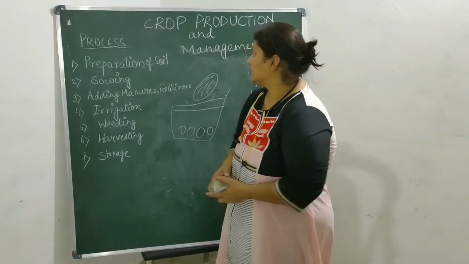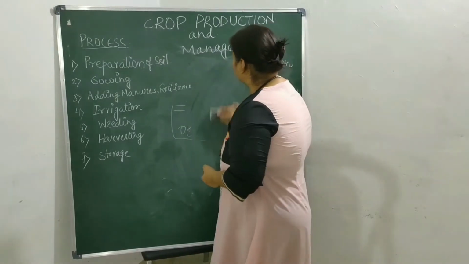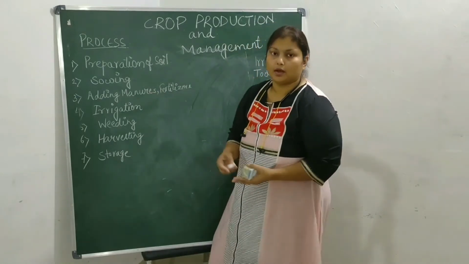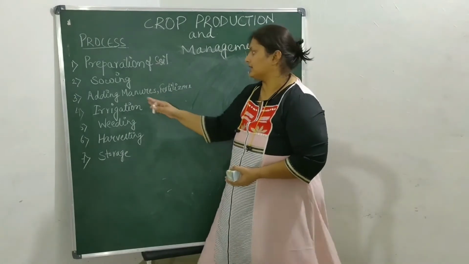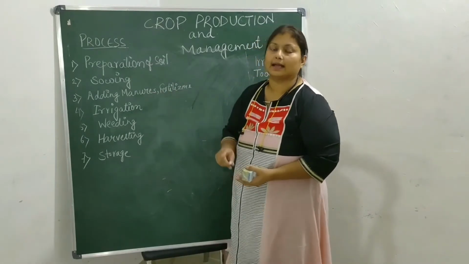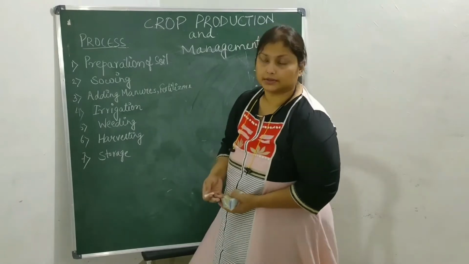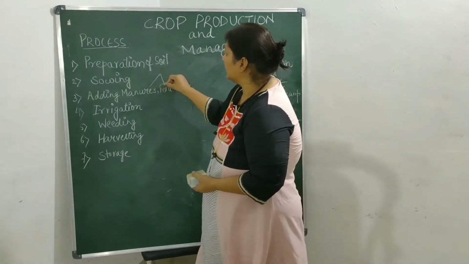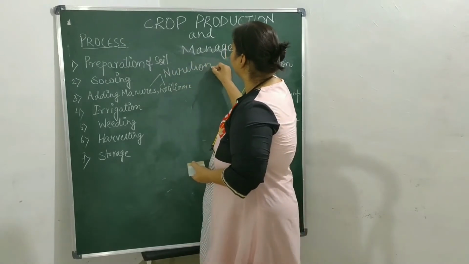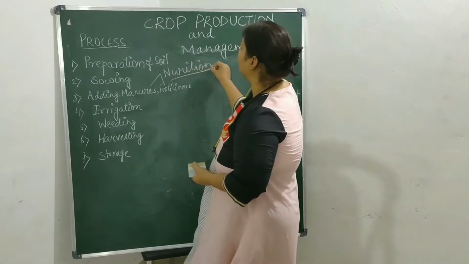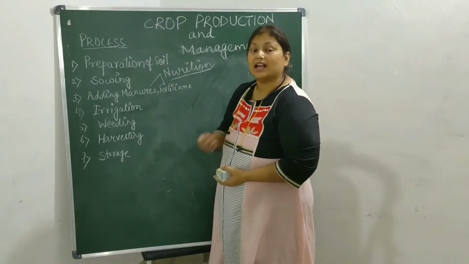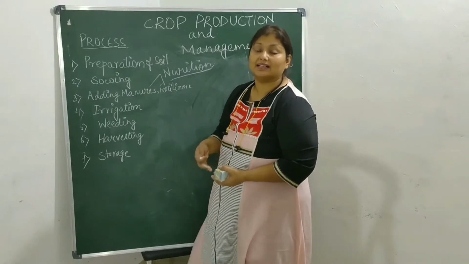Now come to the next topic, that is adding manure and fertilizer. What is manure and what is fertilizer? These two things are different, but they come in a single category, that is nutrients. They come under the single category of nutrition for the plant. Manure is natural, not man-made.